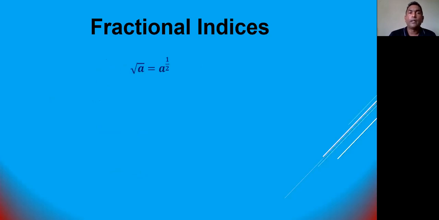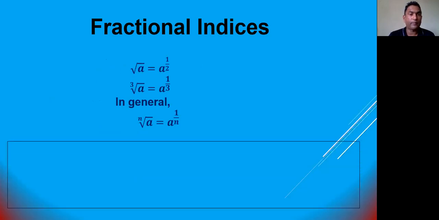Dear students, you also learn about how to write square root in index form. That is, square root of a is the same as a power half. Similarly, cube root of a is the same as a power 1/3. In general, the nth root of a is the same as a power 1 over n.